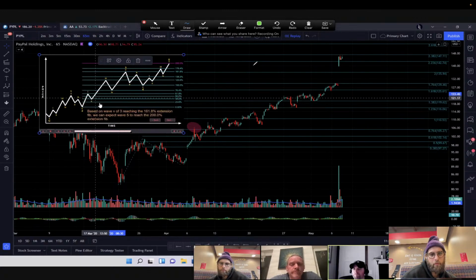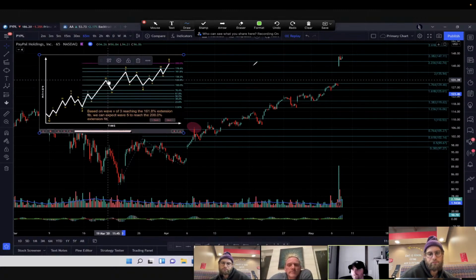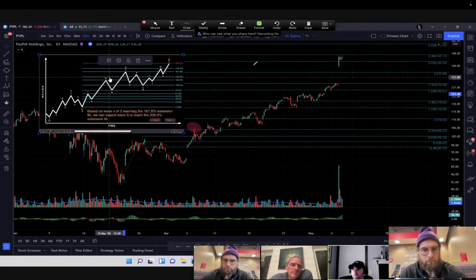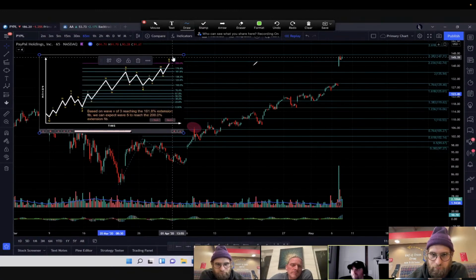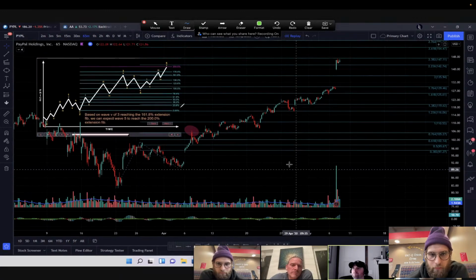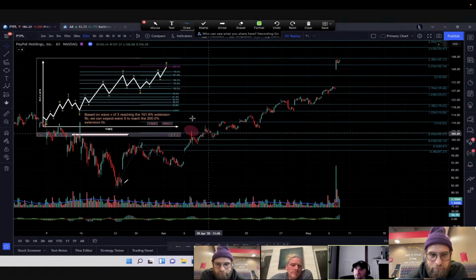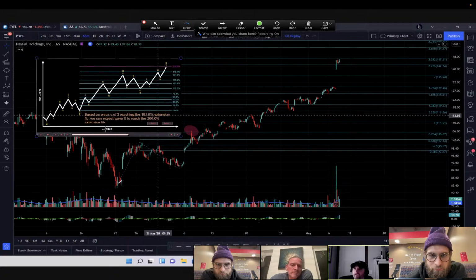Gotcha. And so then we move our targets up, however many we moved up the other one, right? So instead of the 1.236 on wave 3, 3 of 3, we moved it up to the 1382. Our fifth wave, instead of the 200, we're going to move a little bit above. And this is why I color coded everything, because it can be tough to keep track of the waves and where you're at.